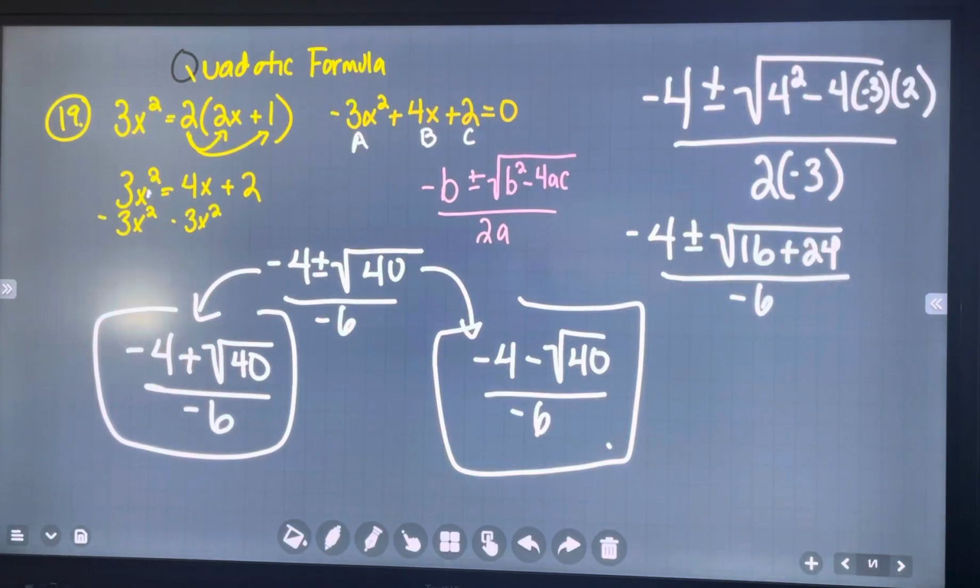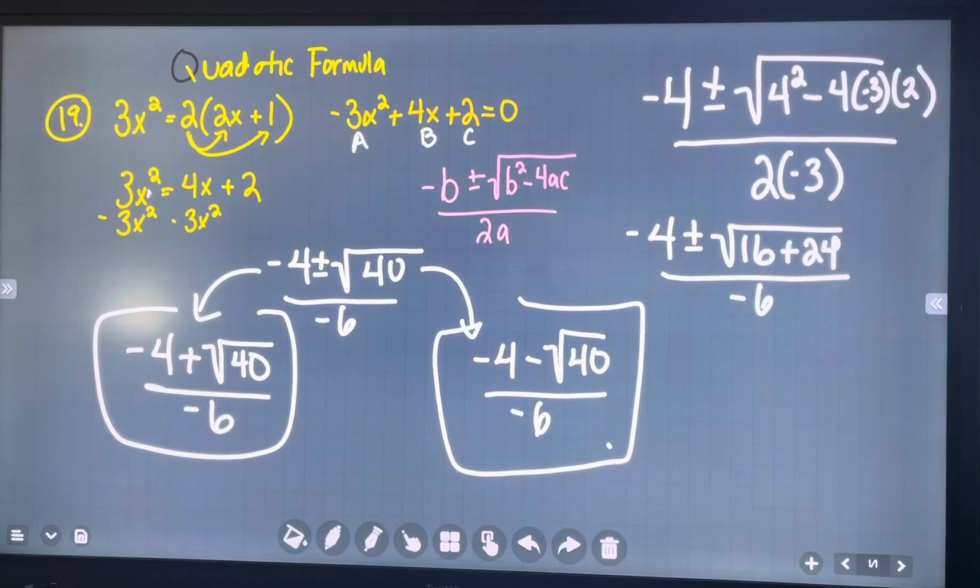It was a little bit different, and then it was like 3x equals 4x plus 2. We moved 4x plus 2 to the other side, and that made them all negative, and it made it positive. How can it make them positive if it's negative? Because remember, we got to the same thing though.